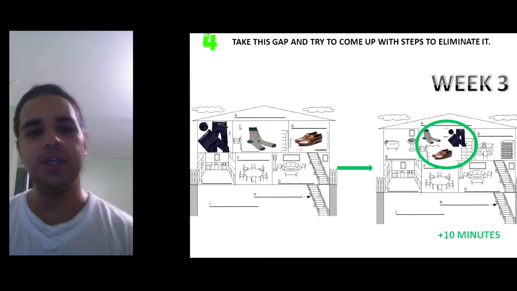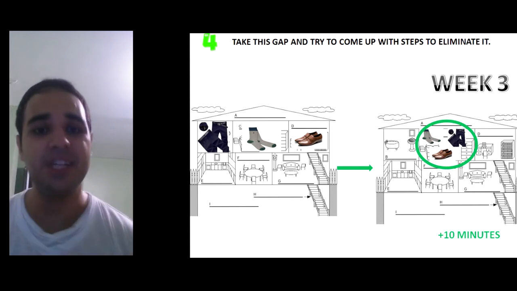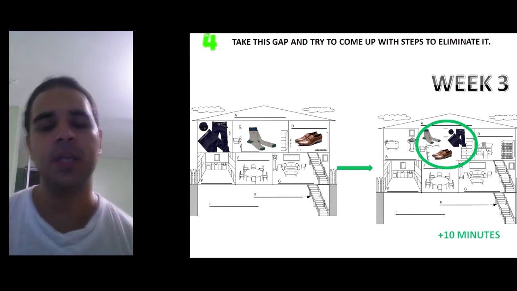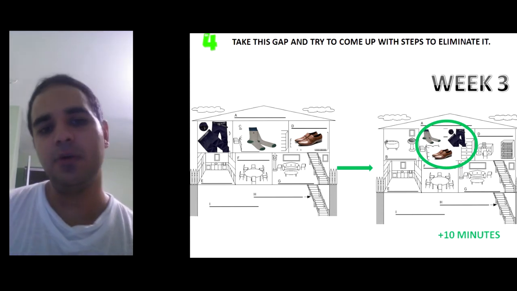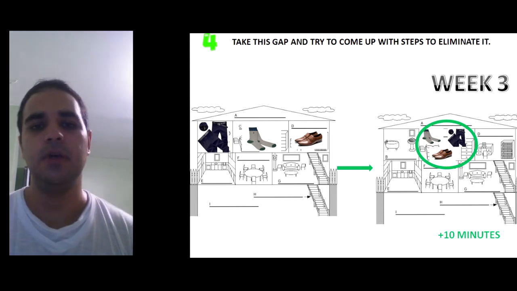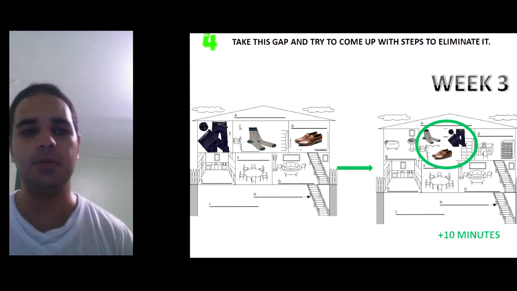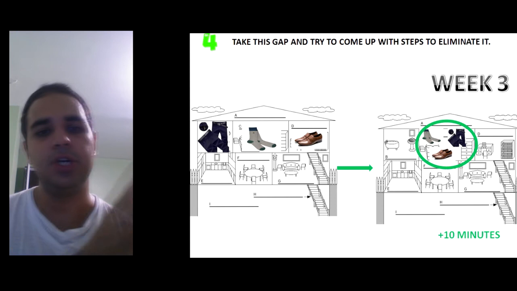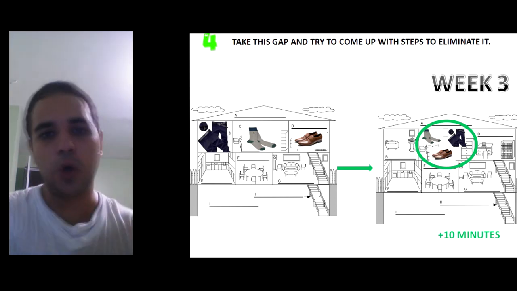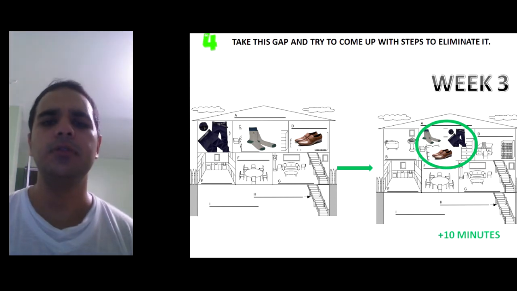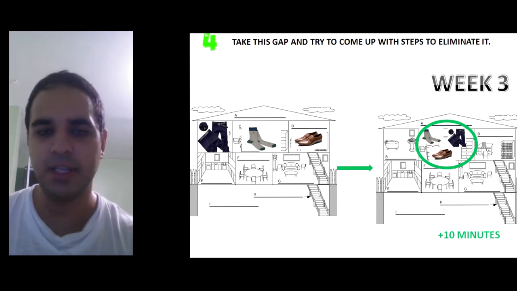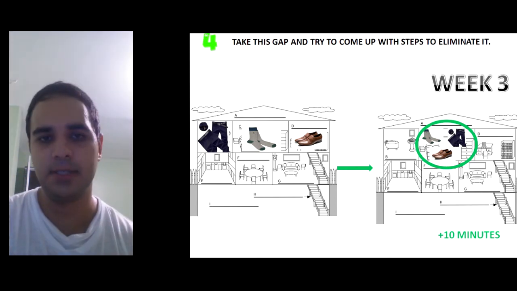This will enable you not to spend time looking for things in the morning, so it will save you a lot of time as well. So for instance, you're going to position the socks, the shoes, your clothes, the wallet, the keys, etc. in just one place.